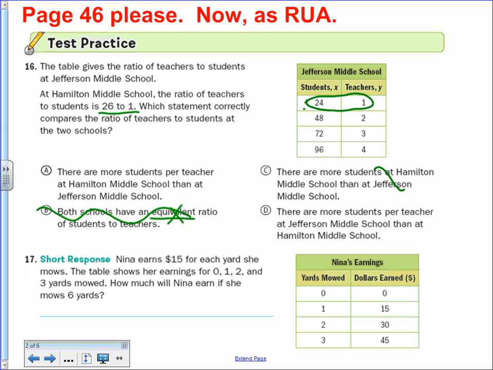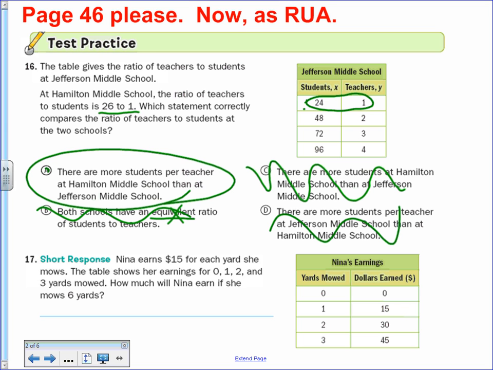So this doesn't tell you how many students there are. It can't be C. There are more students per teacher at Jefferson Middle School than at Hamilton Middle School. Not true. There are only 24 students per teacher at Jefferson, and there are 26 per teacher at Hamilton. So the answer is definitely A.